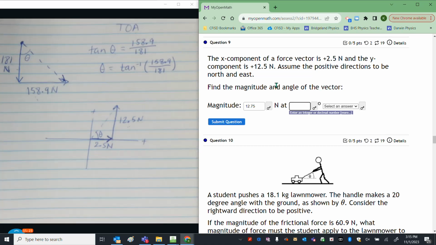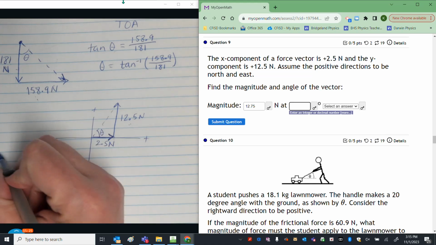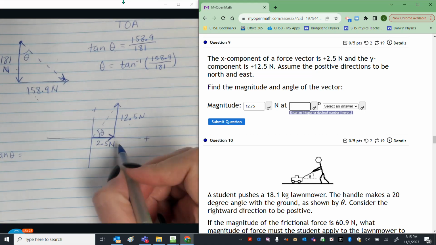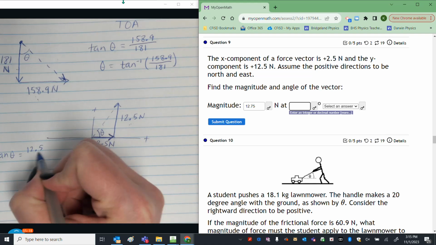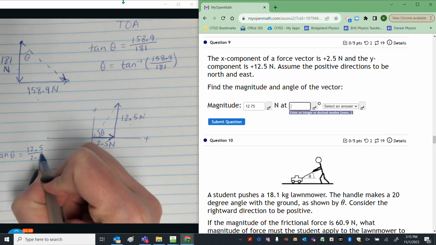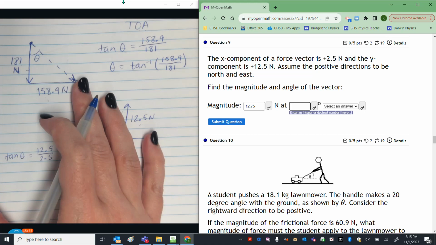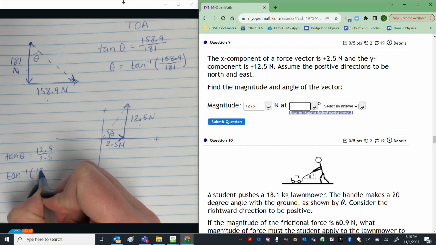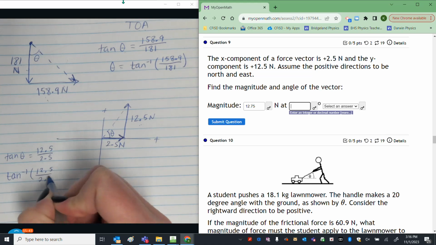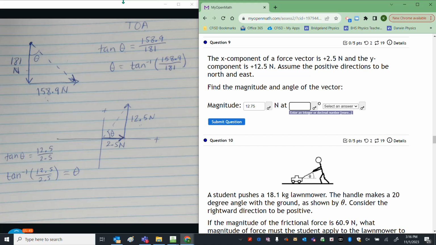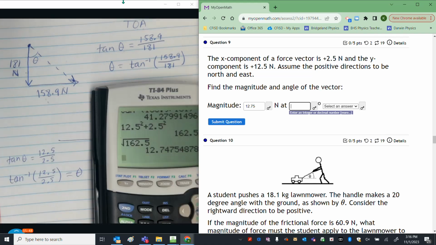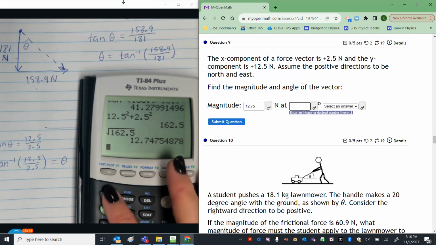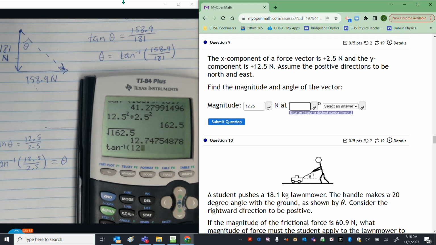So to avoid the rounding error, I'm going to go ahead and say that the tangent of theta is equal to opposite is 12.5, adjacent is 2.5, and if I want to then solve for theta, that's where I have to use inverse tangent of 12.5 over 2.5, and that's equal to my angle. Okay, so let's go ahead and do that. And we get 78.69 degrees.